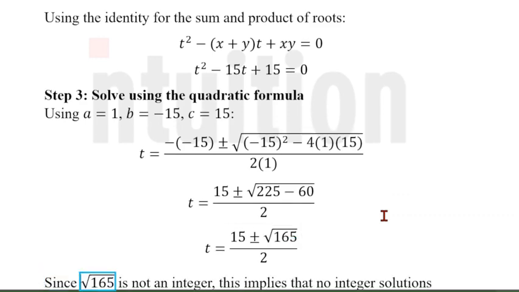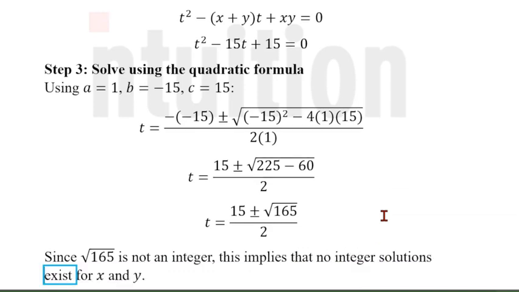Since the square root of 165 is not an integer, this implies that no integer solutions exist for x and y.